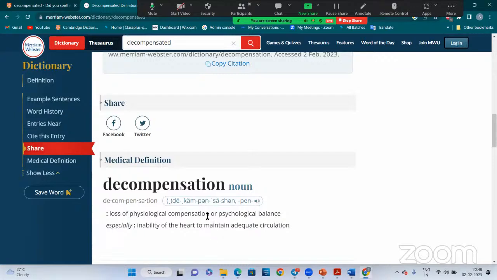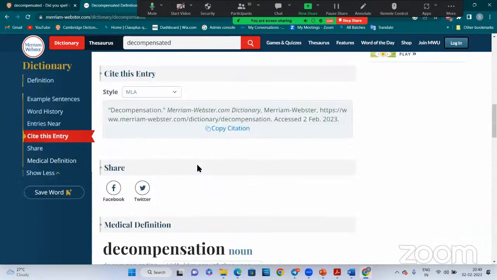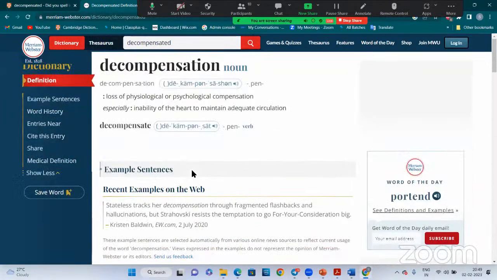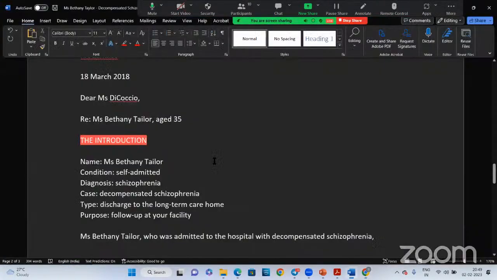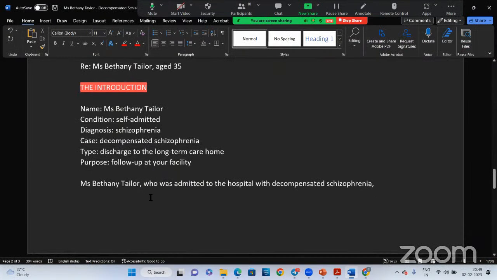Schizophrenia is out of balance, too much out of balance, imbalanced schizophrenia. There's the seriousness. Earlier she was balancing, okay, somewhat, but now it's decompensated. The balance, maintaining adequate balance, is gone. Okay, so that's why. Now, who was admitted to the hospital with decompensated schizophrenia?